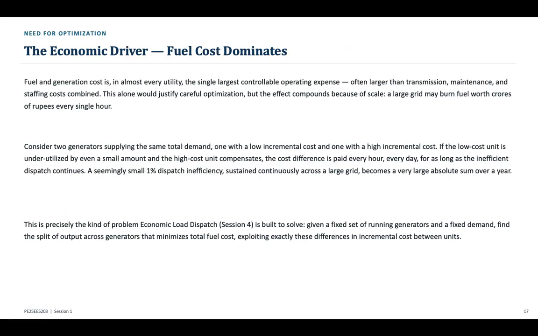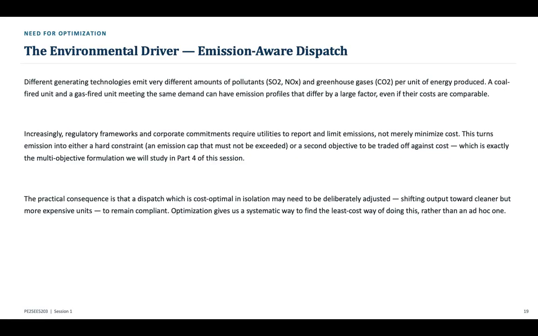See, the first one was the economic driver, the second was the technical driver, and third comes the environmental driver. Different generator technologies emit very different amounts of pollutants, such as sulfur oxides, nitrogen oxides, and greenhouse gases like CO2 per unit of energy produced. A coal-fired unit and a gas-fired unit meeting the same demand can have emission profiles that differ by a large factor, even if their costs are comparable.